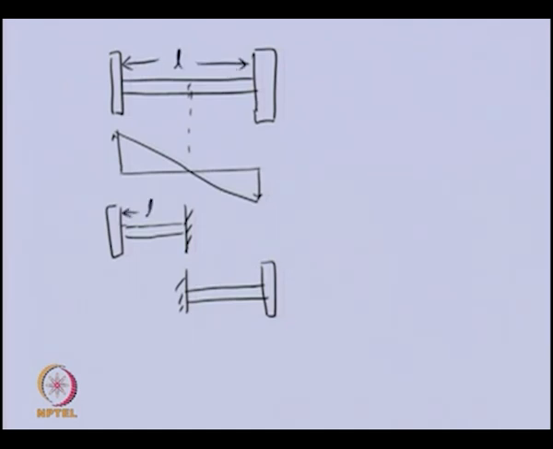So, let us say the node position from the left disc is L1 and here it is L2. So, this will help us in finding out the node position.